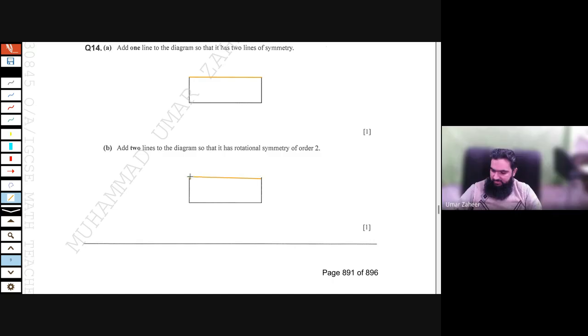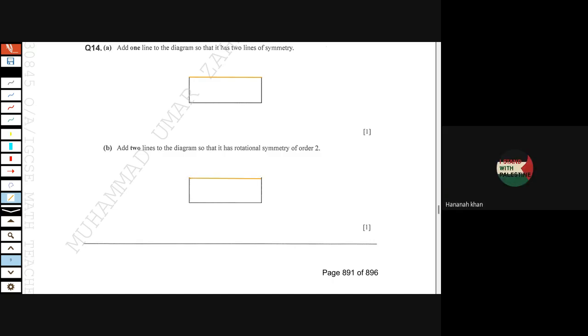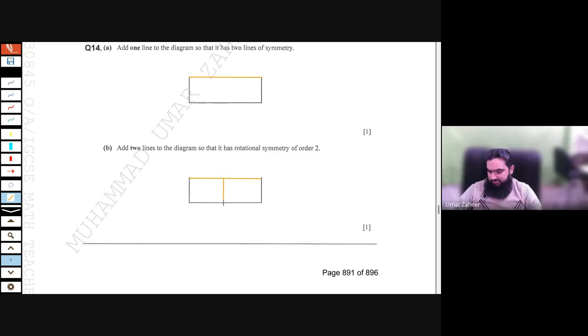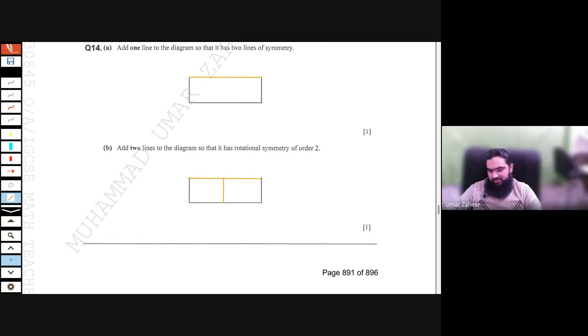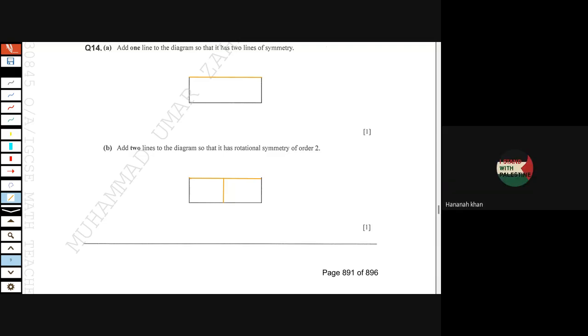We can do this one and then this one, I think. Yeah, that could work. If you rotate it, you are getting two lines of symmetry, like making an eye.